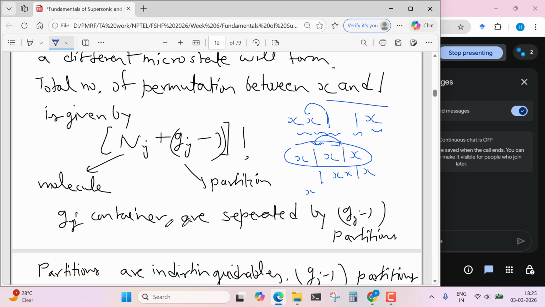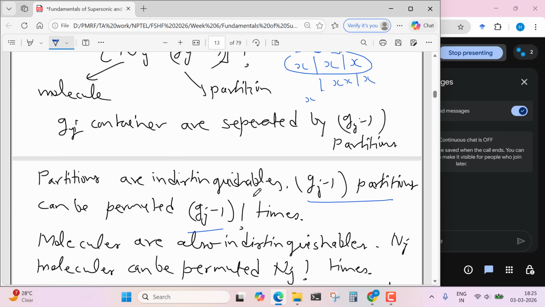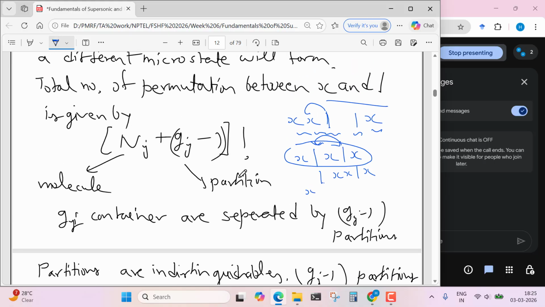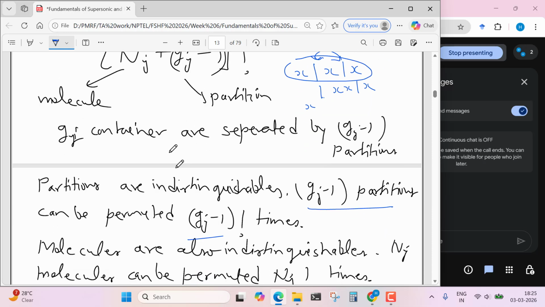Gj containers are separated by Gj minus 1 partitions. Now these partitions are interchangeable: if we swap one partition with another, it remains the same. So we have to divide by Gj minus 1 factorial, because the partitions can be permuted Gj minus 1 factorial times.